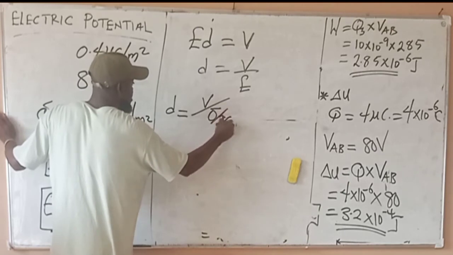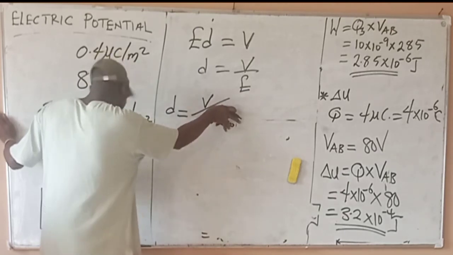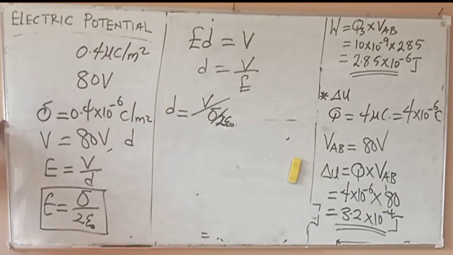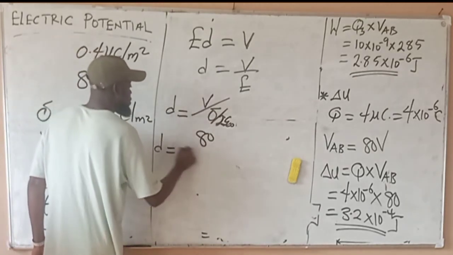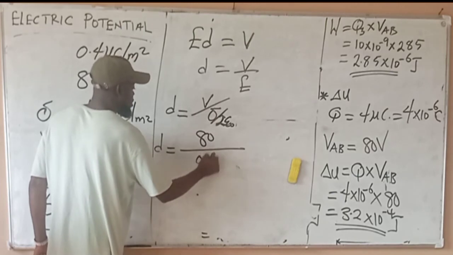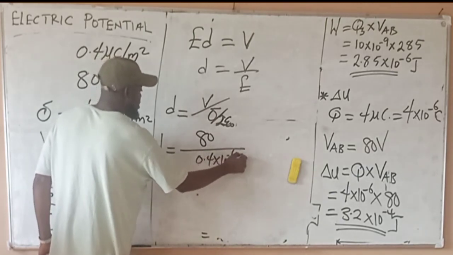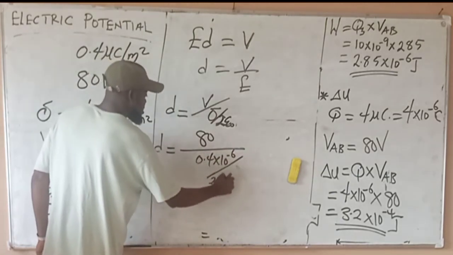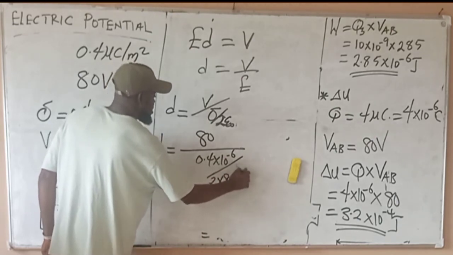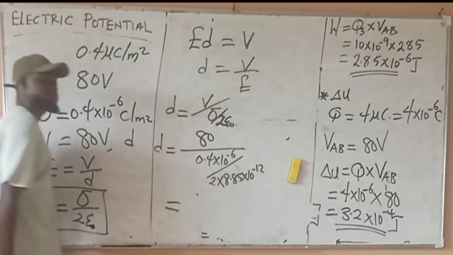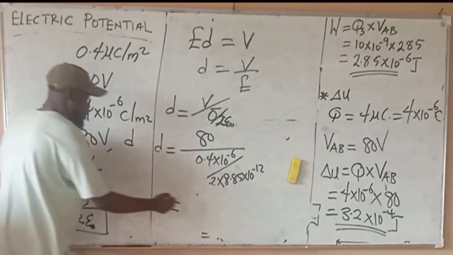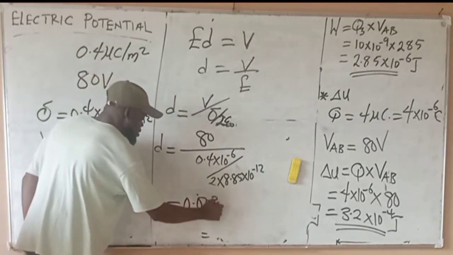Lastly, V is 80, over 0.4 times 10 to the power minus 6, divided by 2 times 8.85 times 10 to the power minus 12. If you solve this very well, we are going to have 0.00354.